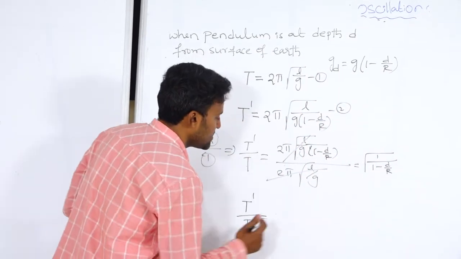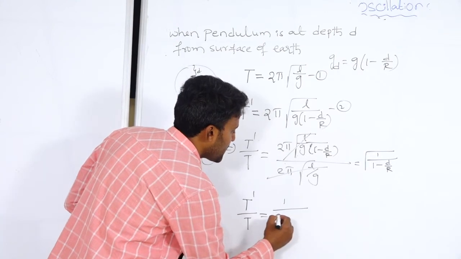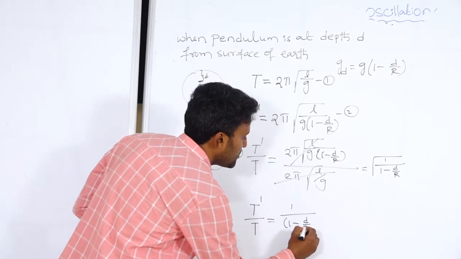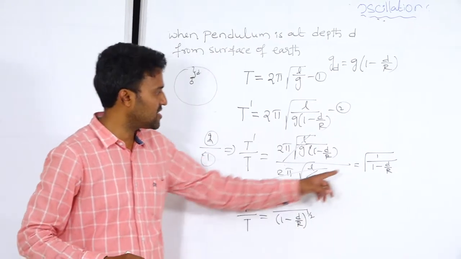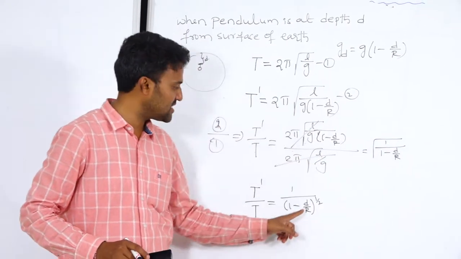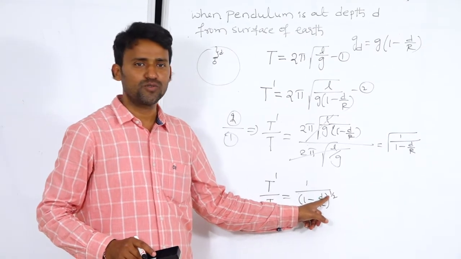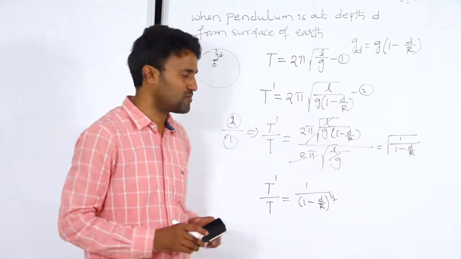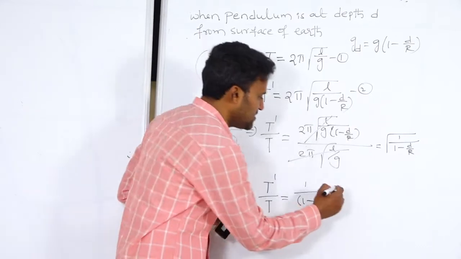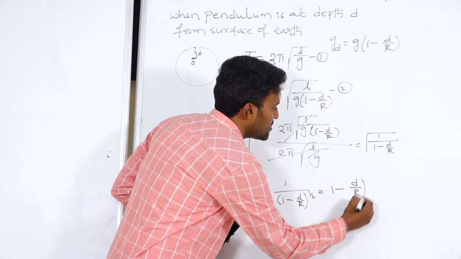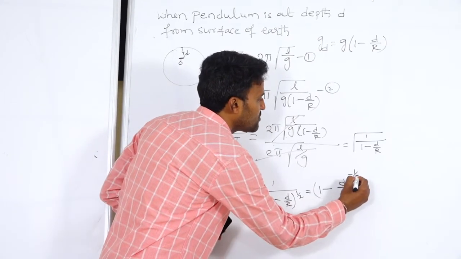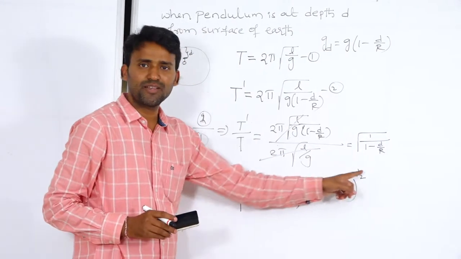The square root I have written as a power of 1 by 2. If I take it to the numerator, it becomes (1 minus d by R) to the power of minus 1 by 2. The power will become minus.